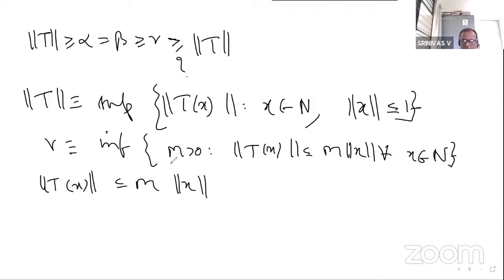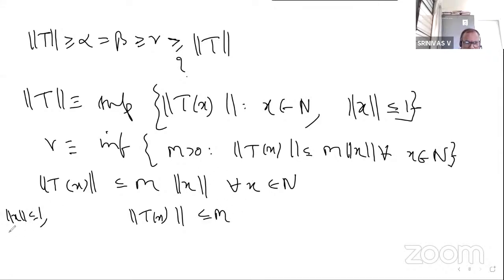If I take one positive m, I have this for all x. And in particular, for norm x less than or equal to 1, if I take the elements x in the closed unit disk, norm T of x is less than or equal to m norm x, and norm x is less than or equal to 1. Multiply both sides by m because m is positive, it does not disturb this. So m into norm x is less than or equal to m. So you have norm Tx is less than or equal to m.